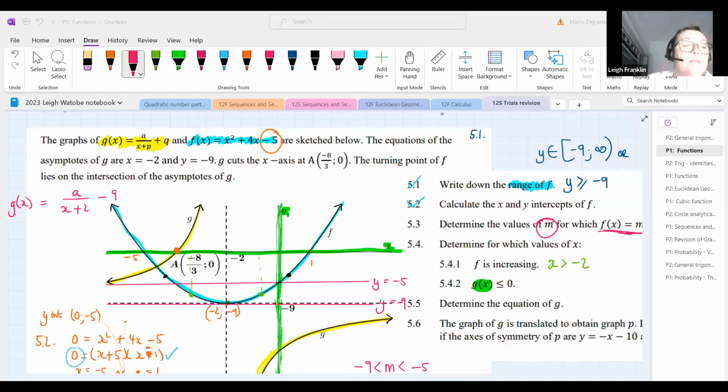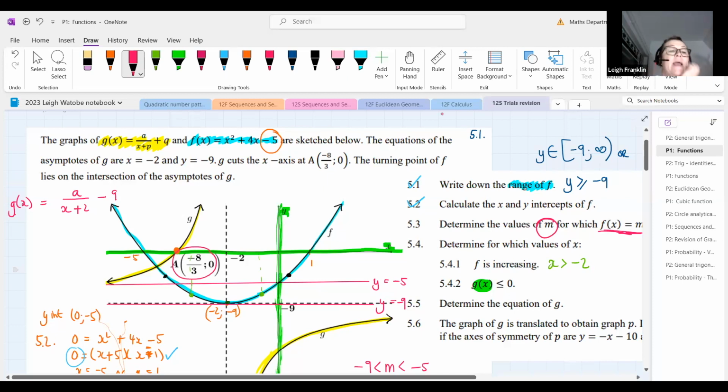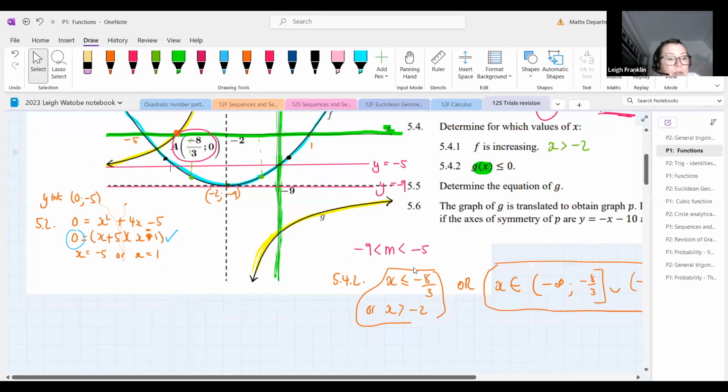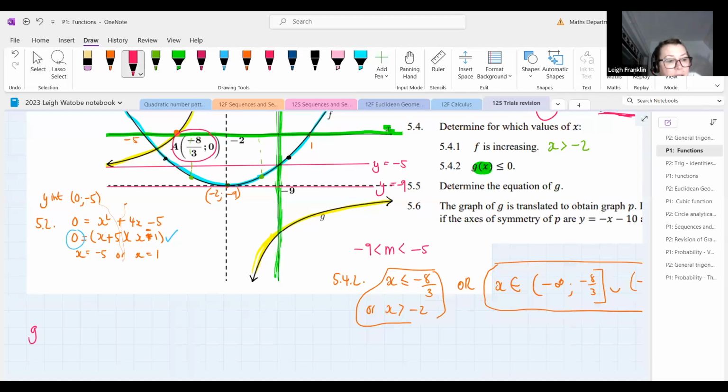Good, Zanandi, well done. And now as Pinga said, we've got another point, A, which we can go and sub in to work out what the small a is equal to. So in other words, we've got g of x is equal to a over x plus 2 minus 9.